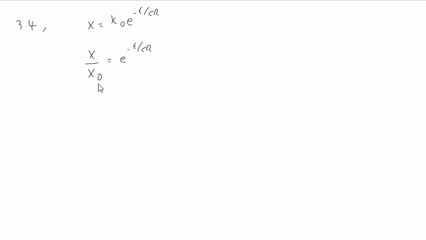We can invert both sides to get X naught over X is equal to e to the t over CR. Inverting that side flips them over, inverting this side loses the minus sign. The initial current over the current when it has fallen to half its initial value is 2.